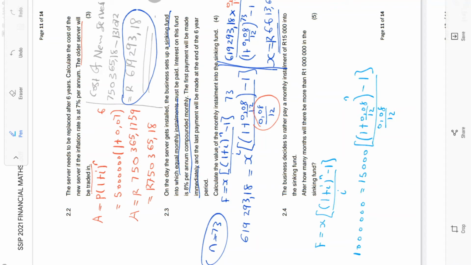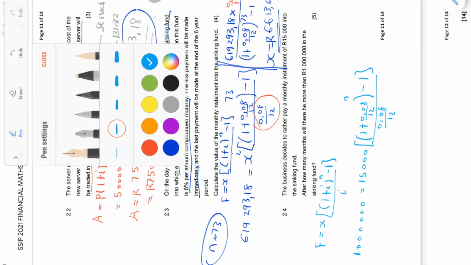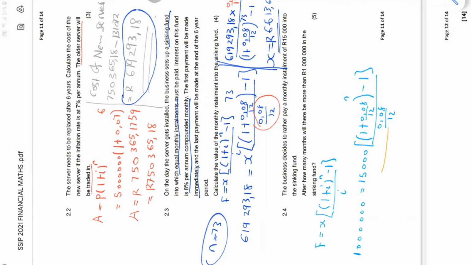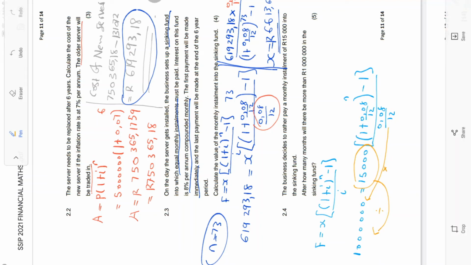So you simplify everything. Remember, you cross multiply and then divide. If you remember the algebra, you cross multiply first, then you divide. So this will be the division, that will be cross multiplication, and then after you transpose the 1 goes as a plus. So if you do that, this is what you'd get.